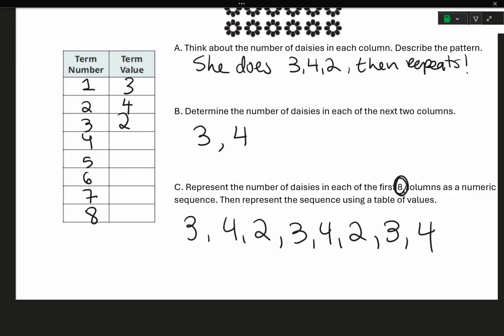The third is 2. The fourth is 3. The fifth is 4. The sixth is 2. The seventh is 3. And the eighth is 4. So that's us recognizing some sequences and patterns, connecting the sequence of numbers into our tables.